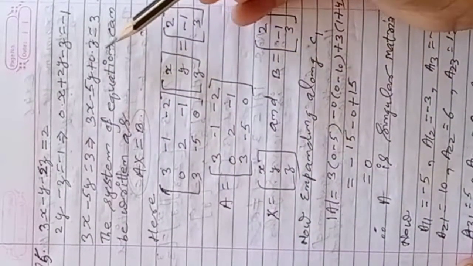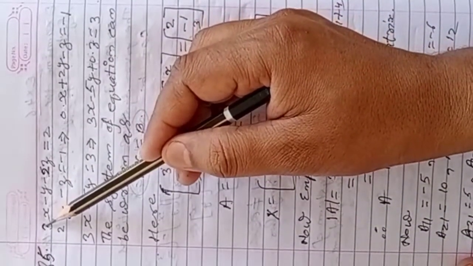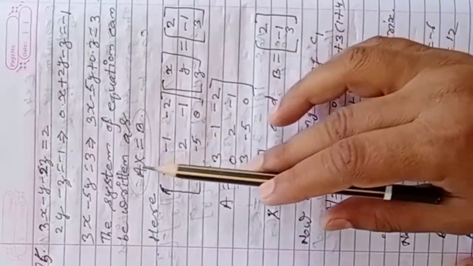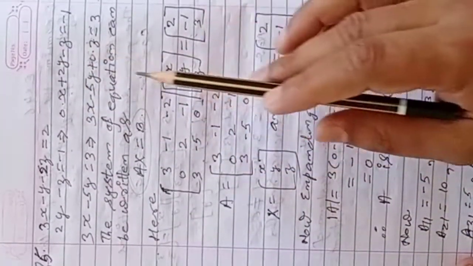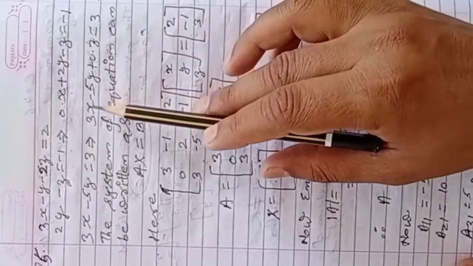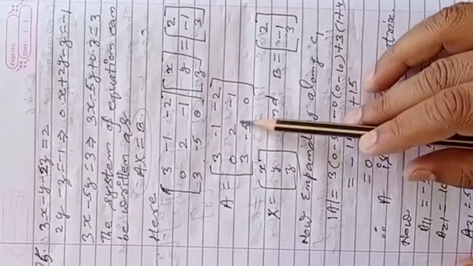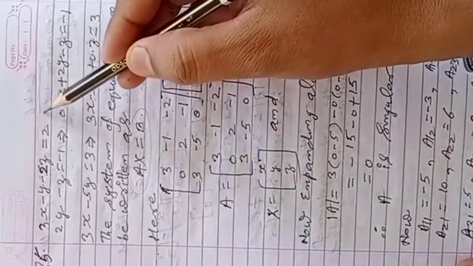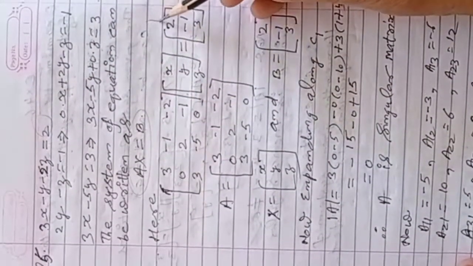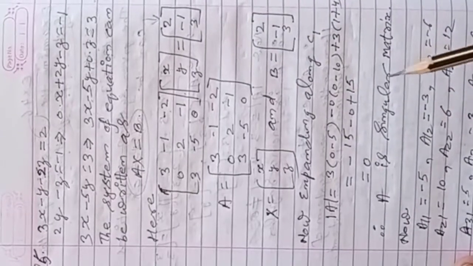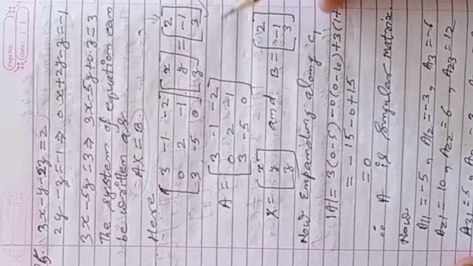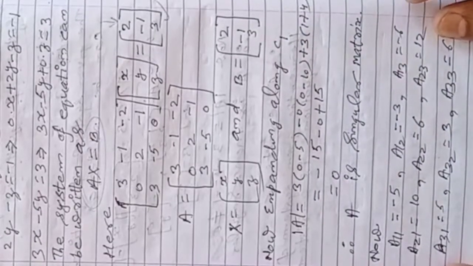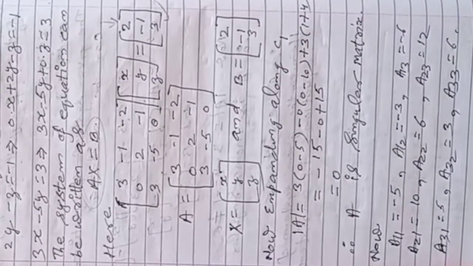So the coefficients we will write here: [3 -1 -2; 0 2 -1; 3 -5 0], then the variable matrix and the constant matrix. The right hand side values will be matrix B. Now expanding along C1, first of all we have to find its determinant.